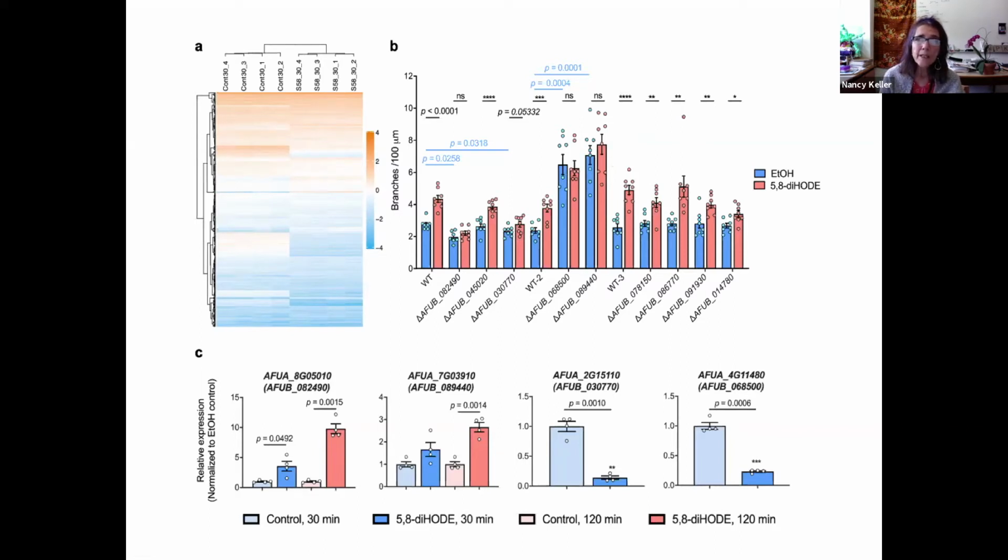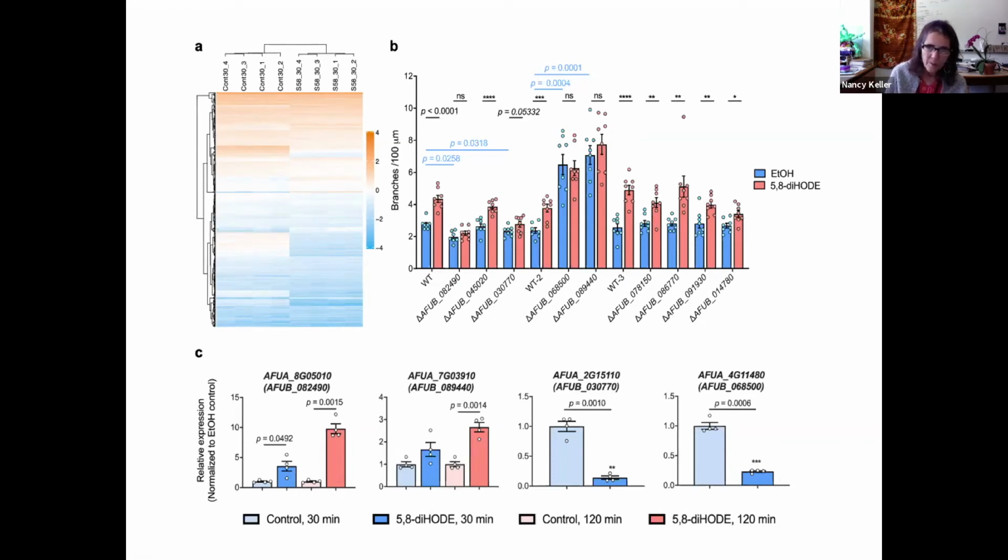So after finding these 3 genes, she went and extracted RNA again, just to confirm the RNA-seq results. And you can see that 2 of the genes, I just have the transcription factor names, were induced by 5-8, and 2 were repressed by 5-8.